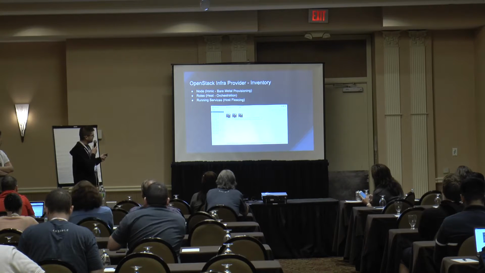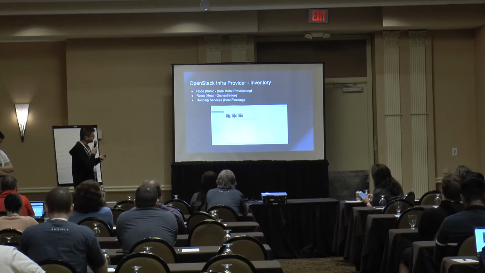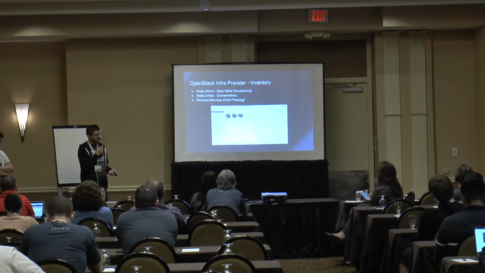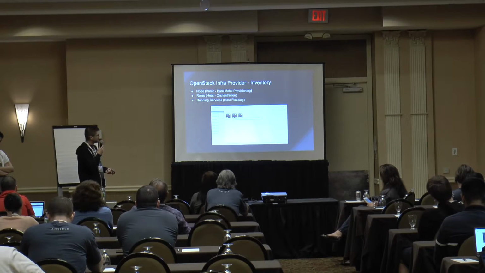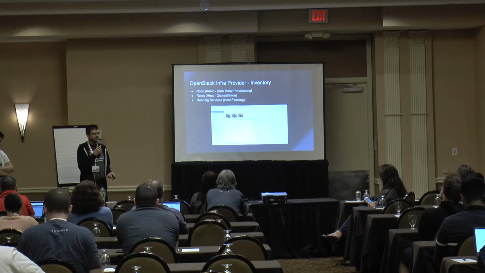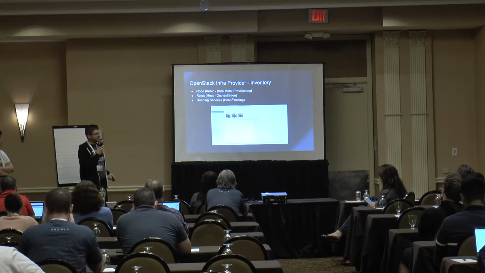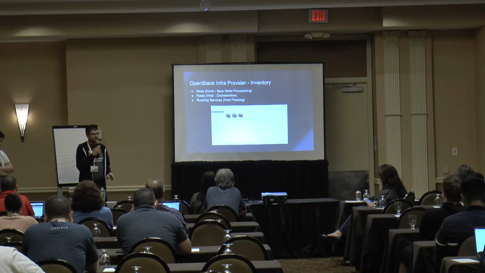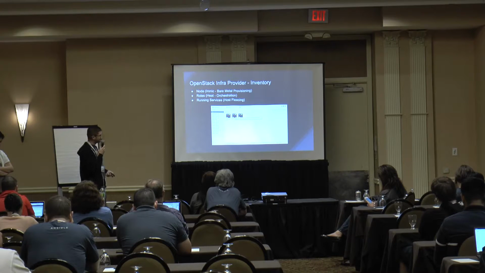Next we have a list of roles, deployment roles. A deployment role is essentially a definition of how the physical machine will be used in the Overcloud. It can be a controller node which runs all the APIs and maybe the UI, a compute node with Nova, or a storage node with Swift, for example.